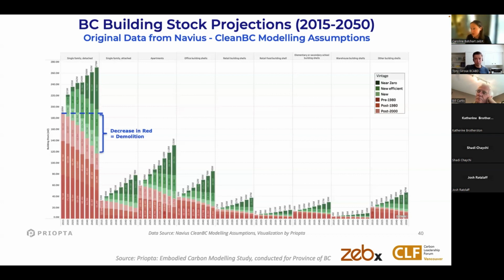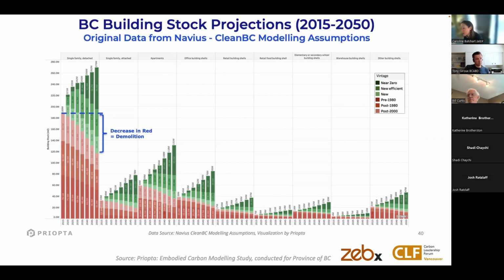Red shows the existing buildings, green shows projected construction in that building type between now and 2050. So any decrease in red is the demolition we're expecting between now and 2050, and any increase in green is what we're expected to build between now and 2050.